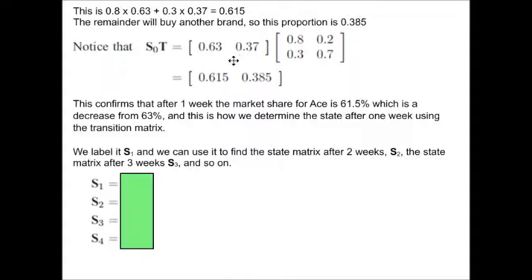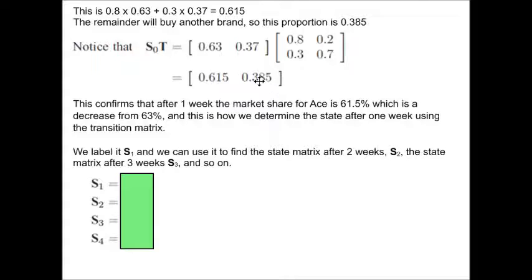Now if we were to multiply S0, that's our starting state, by the transition matrix, we have 1 row 2 columns and 2 rows 2 columns. We end up with a 1 by 2. So the first element is first row times first column, which gives us this calculation here.